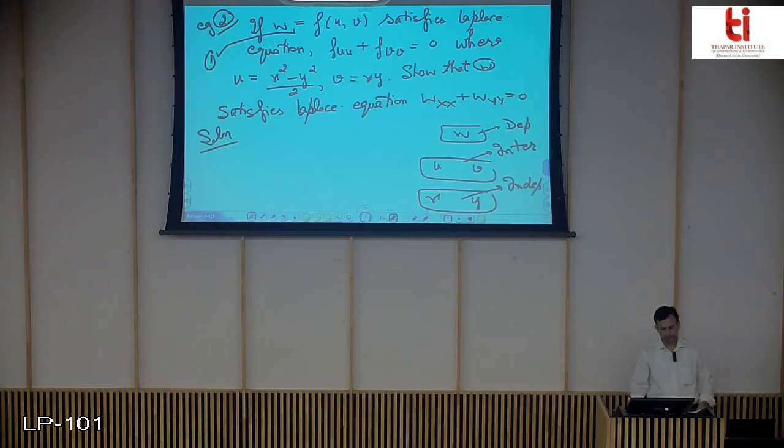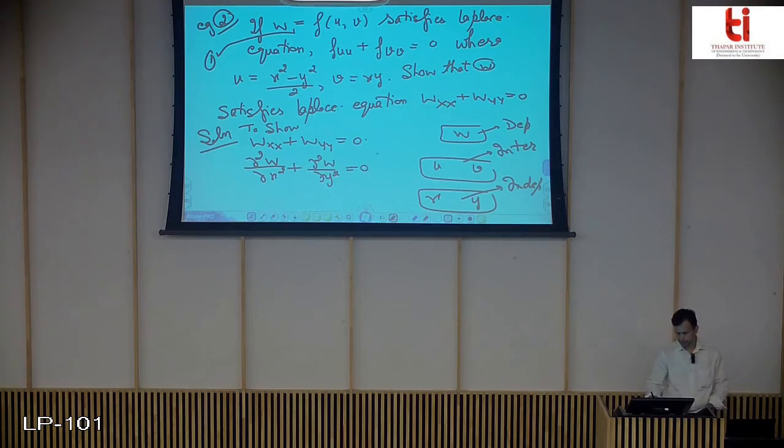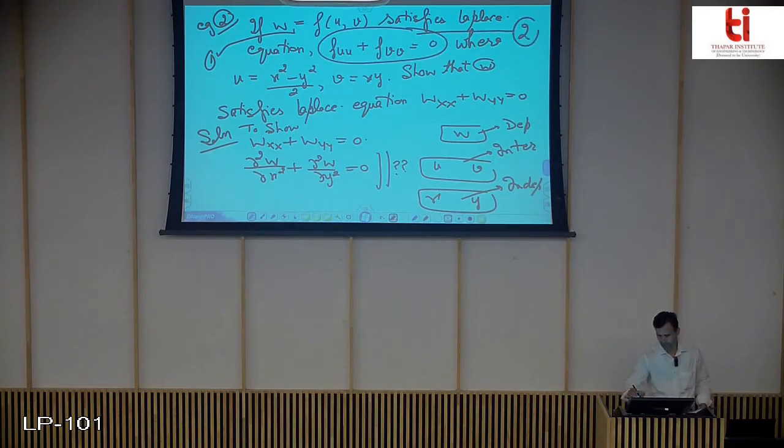Okay, we have to show that del square w del x square plus del square w del y square is equal to 0. This is what you have to show. Okay, and also it has been given that Laplace equation, say this is equation number 2, is satisfied. It has been given that the double derivative of f with respect to u and v, their sum is equal to 0.